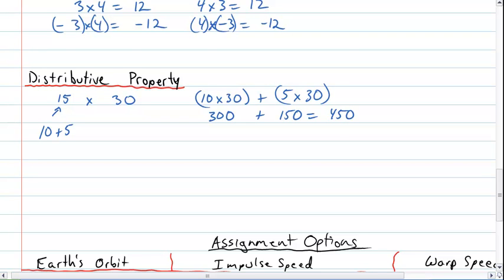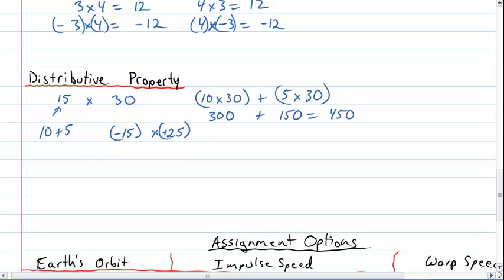That's the distributive property. Now let's do that with integers, and let's go a little bit more complicated. Let's take negative 15 times positive 25.